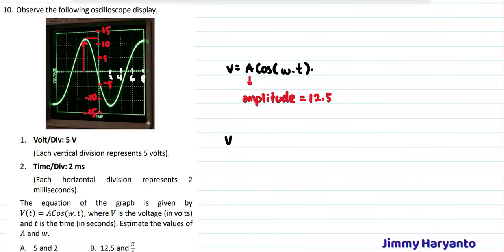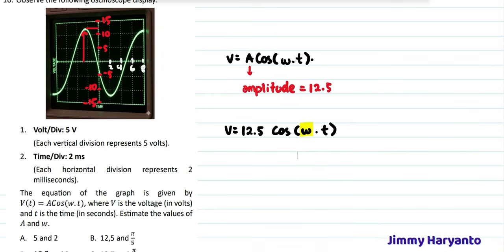That means right now we already have V equals 12.5 cos W times T. And then the W itself is the B, right? To find the W, you can use the formula 2 pi divided by the period. Okay, let's find the period.